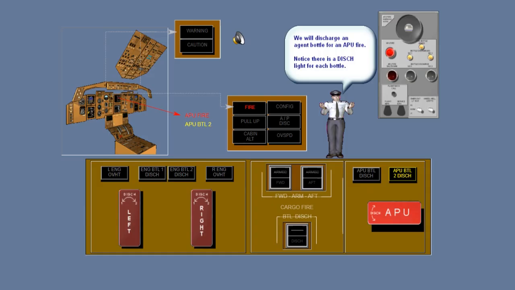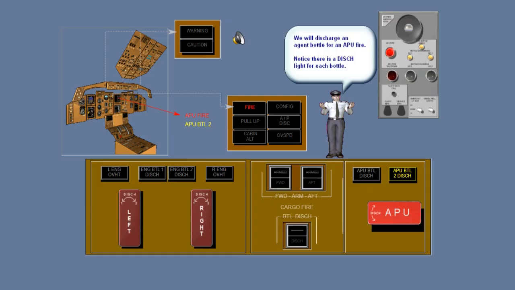There are two fire bottles installed to provide APU fire extinguishing. Pulling the APU fire handle arms the discharge squibs on the APU fire bottles.